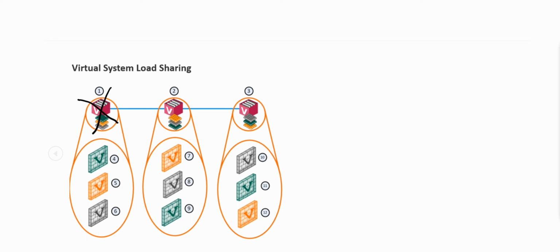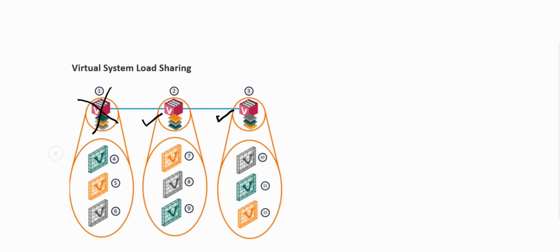It will transfer the complete load of the traffic to the next standby member which is fully synchronized. In this case, consider this member is fully synchronized, so the load will transfer to this member, and if this other member is also synchronized, then the load will be distributed amongst this member as well. But in the case this member is not fully synchronized, the load will only transfer to this VSX gateway.